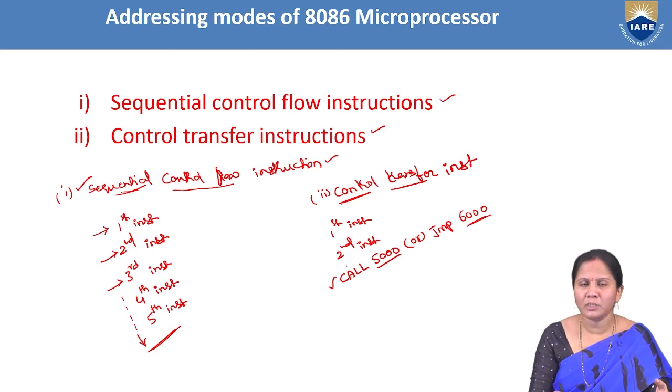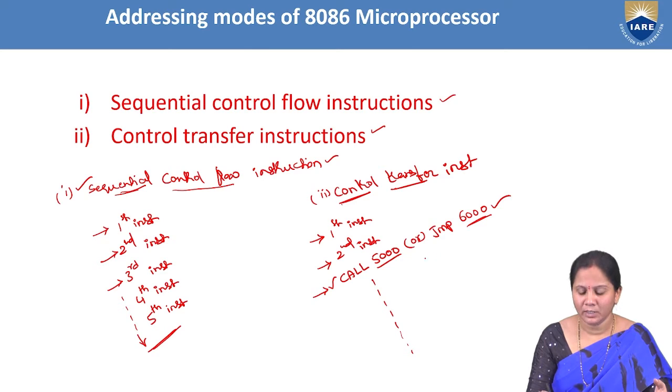So how the processor is going to execute the instructions in this case: initially it is going to execute the first instruction, then the next instruction will be executed. If such instructions are there in the program, then after executing this call or jump instruction, the remaining instructions here will not be executed.